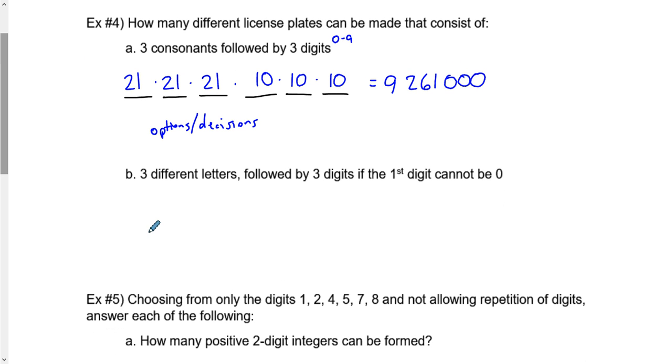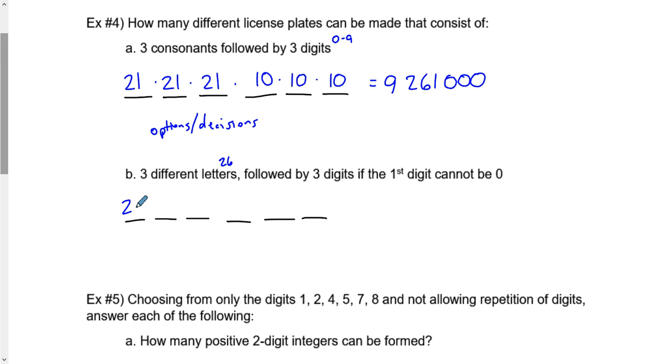Okay, an even more complex one. It says 3 different letters followed by 3 digits if the first digit cannot be 0. Now, it doesn't say anything about the digits not being repeated, just that the first digit can't be 0. 3 different letters. Well, how many letters do we have in the English alphabet? We have 26.